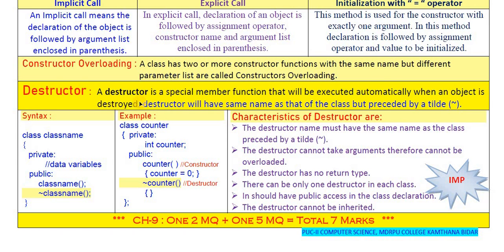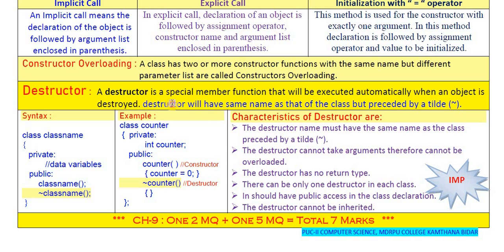Destructor is also a member function, but it is a special function. Why special? Because it also has the same name as the class name. Constructor is a function with the same name as the class, and destructor also has the same name as the class. But the destructor is called automatically when an object is destroyed.